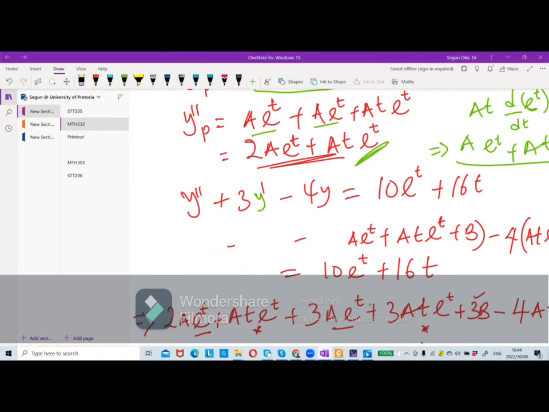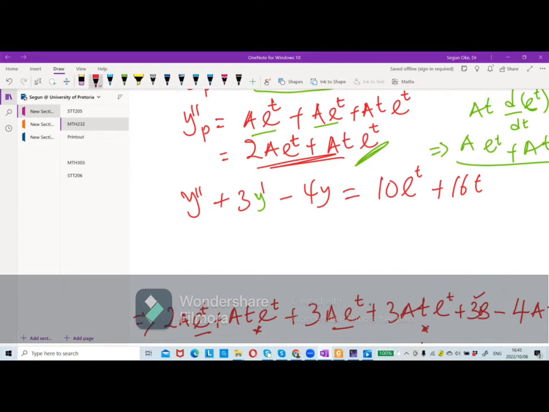Let me try and write it for the benefit of others, so we'll be able to see. It's going to be 2a exponential t plus at exponential t, plus 3 in bracket.